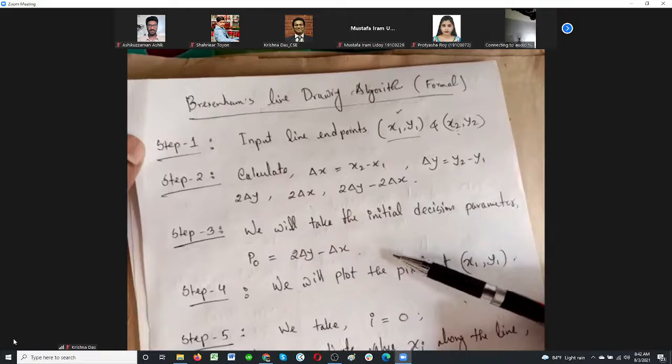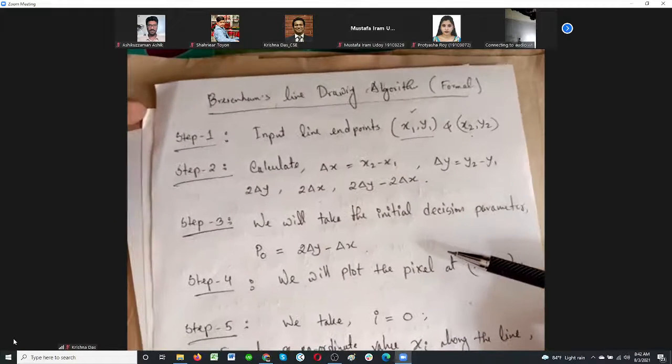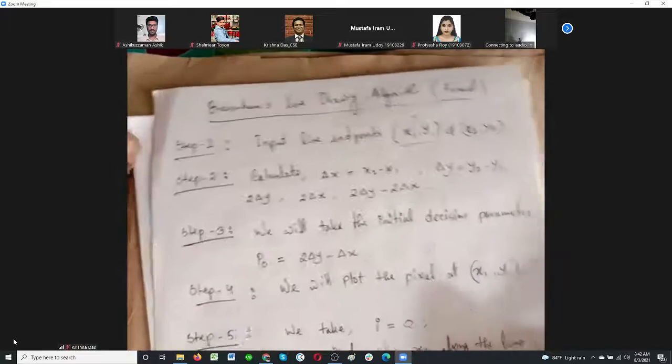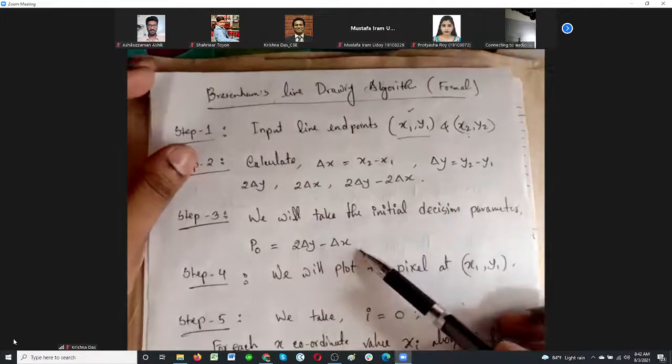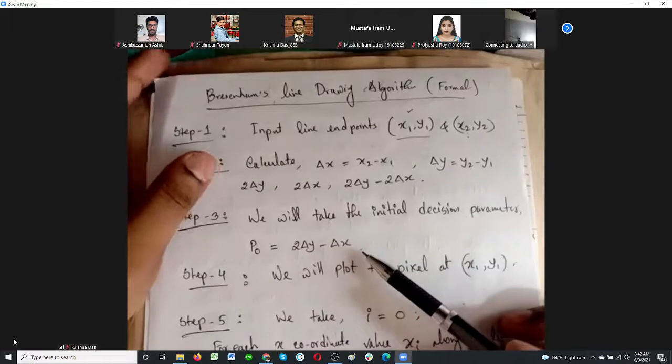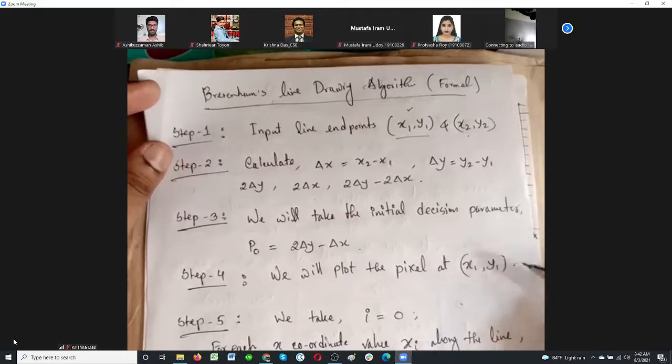Then we must need a decision parameter to start with, so the initial decision parameter that we take is p naught, and we calculate and find out the value for that p naught, the starting decision parameter. Then we plot the first pixel, which is already given.